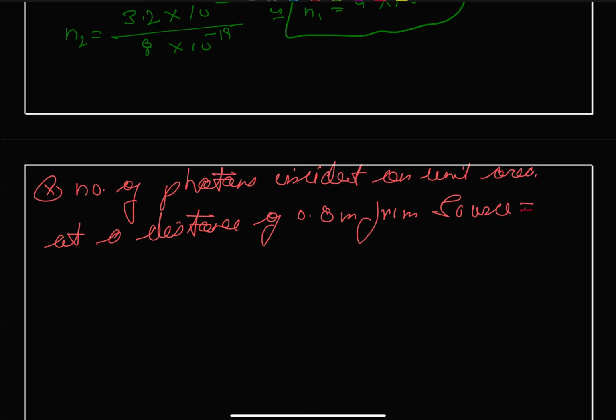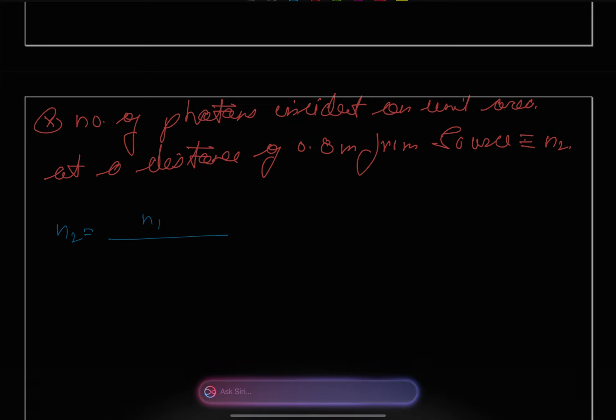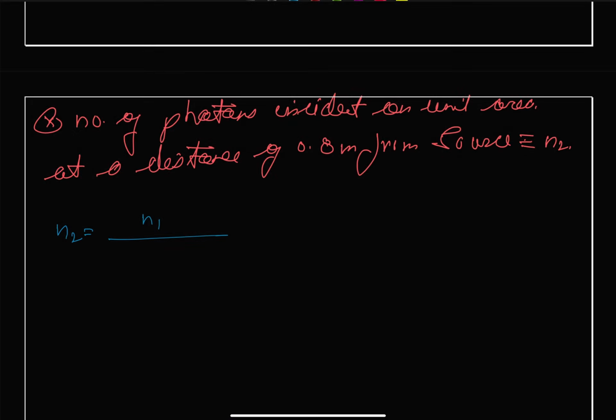Let us call that N2, and this value of N2 will be equal to N1 upon 4 pi, and distance is 0.8 whole square.